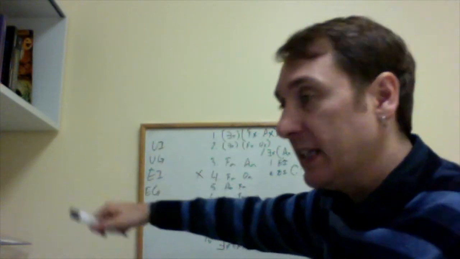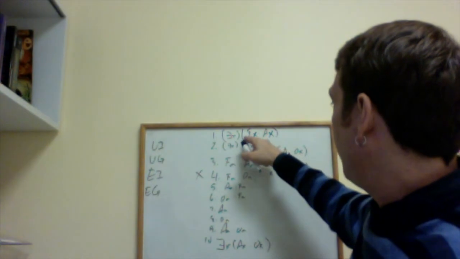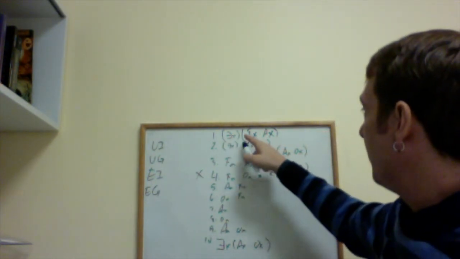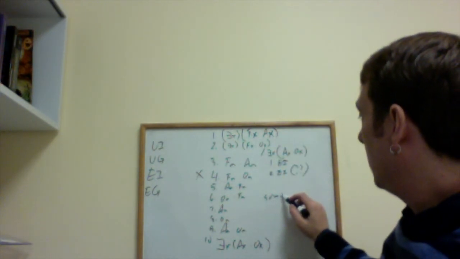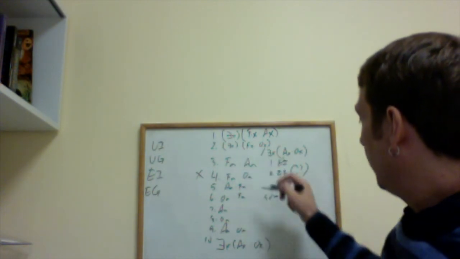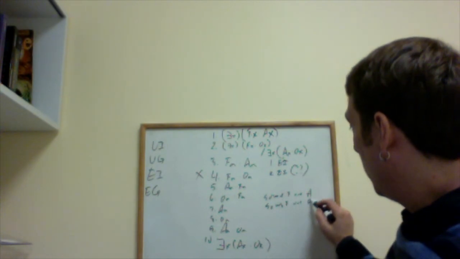But notice that this argument, if you translated it back into English, would be a familiar one. Let's suppose that we use F for fruit, A is apple, O is orange. So this says some fruit are apples, some fruit are oranges.